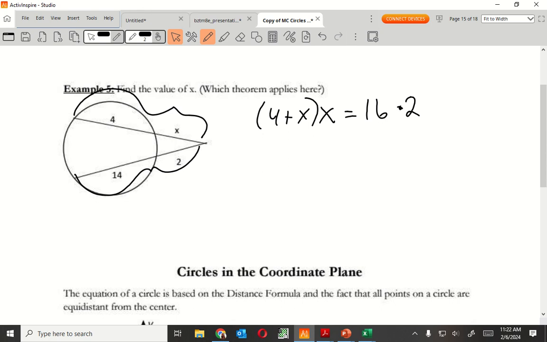Okay, so I'm going to do the distribution over here. So X times 4, 4X, X times X is X squared, is equal to 16 times 2, 32.